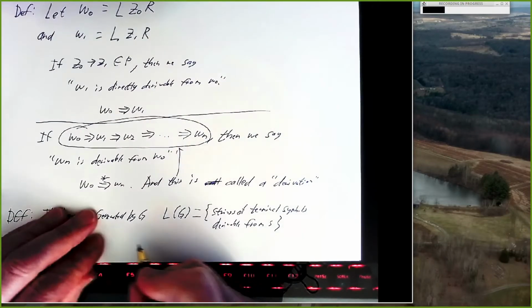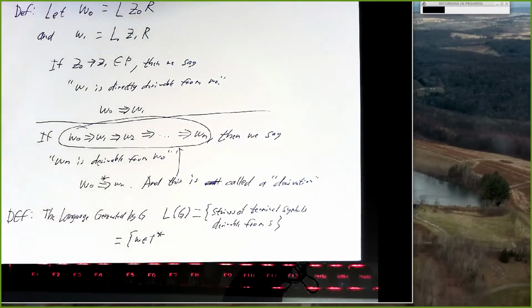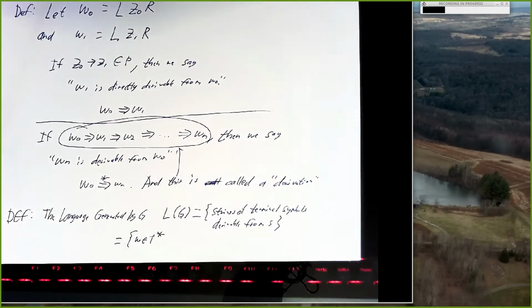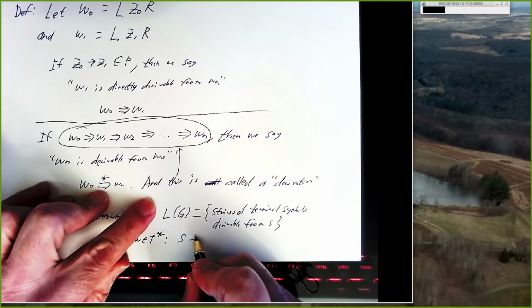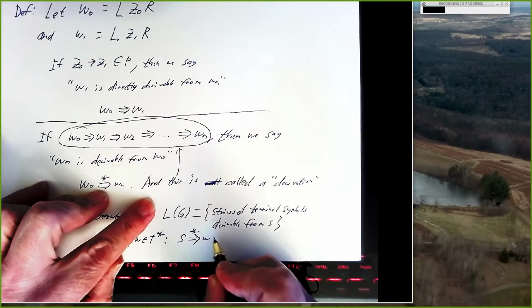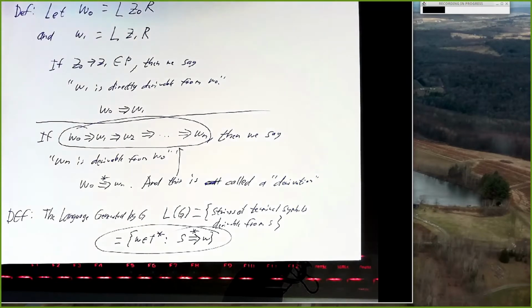And in the language of set theory, this is equal to the set of all words in T star, the set of all finite length strings of terminal symbols, such that there is a derivation from S to that word. So that's what the language of a grammar is.